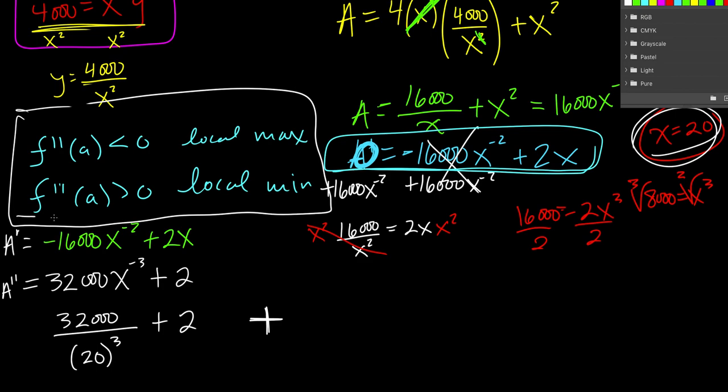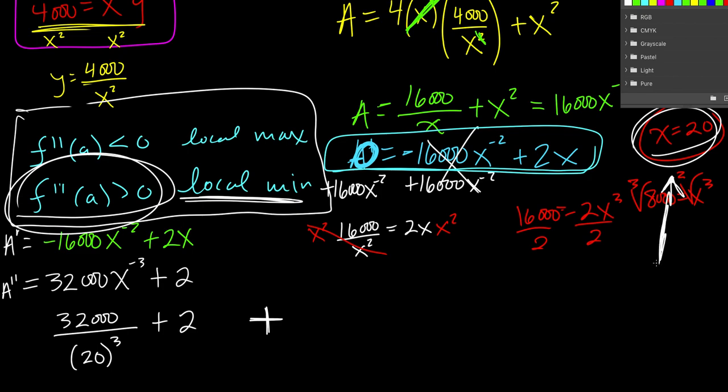And so since it's greater than 0, we do know that it's a local min. And so we do know that this is going to be our minimum optimization. Okay, so that's good. So we know that if we use x equals 20, that will give us the least amount of surface area. Now, they specifically want us to state the dimensions.